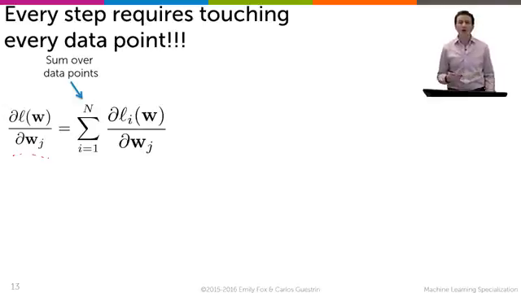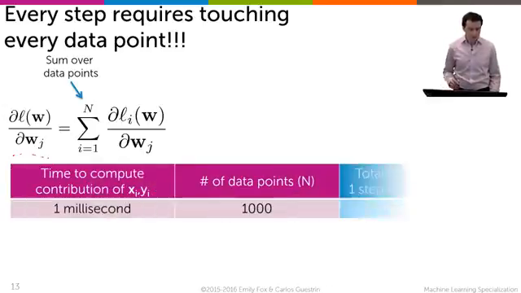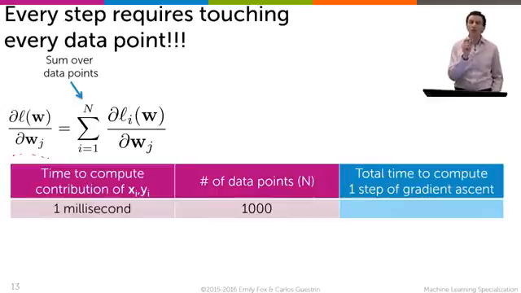So how computationally costly is it to do this approach? Let's ask that question. For example, if computing the contribution of one data point takes me 1 millisecond, it's really fast, and I have 1,000 data points, then that's not too bad. 1,000 milliseconds is 1 second.